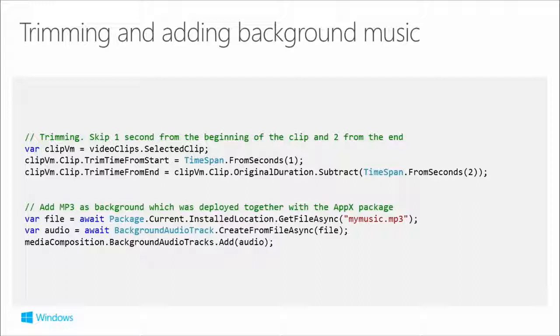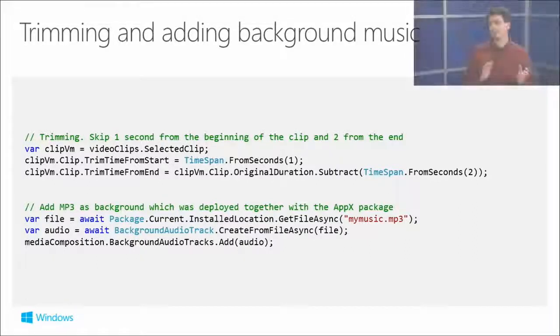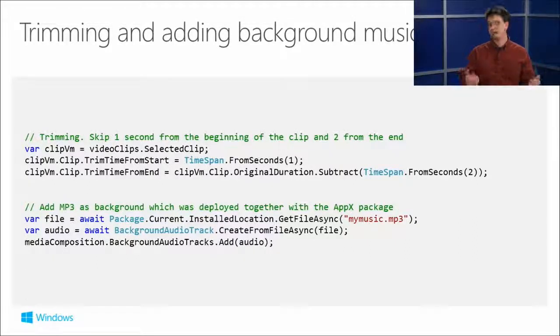Pretty simple. We can add some background music or a background track to our resulting video by pulling in some sort of music file that exists inside of our storage system and simply creating the background audio track from that file.